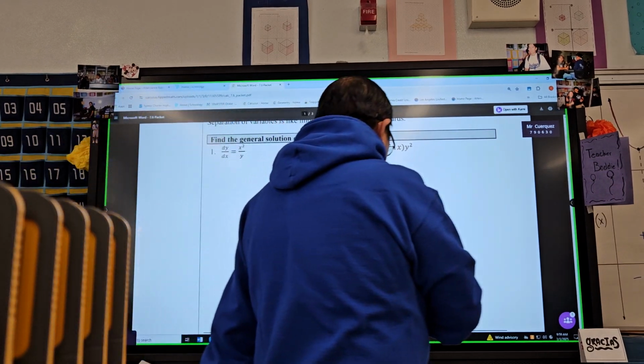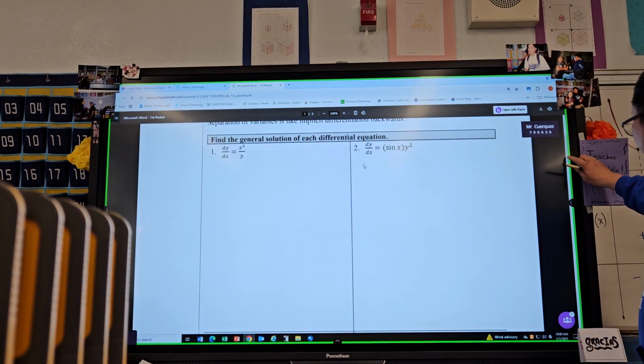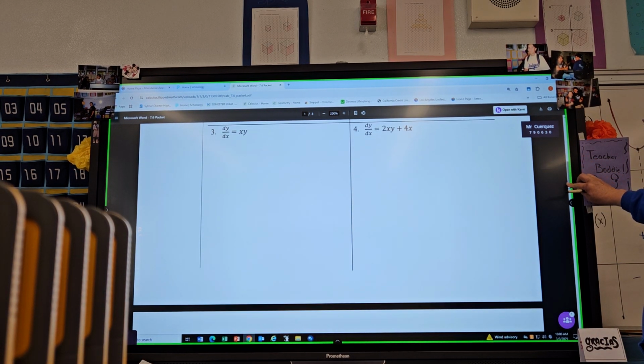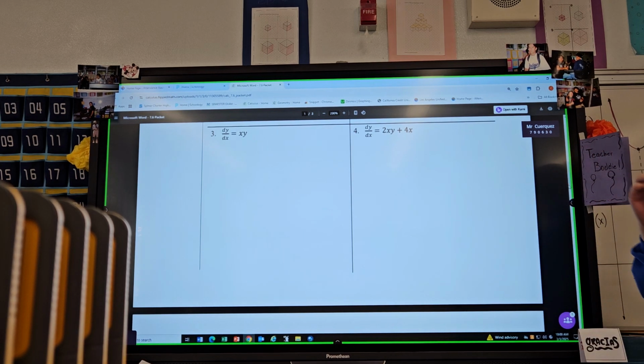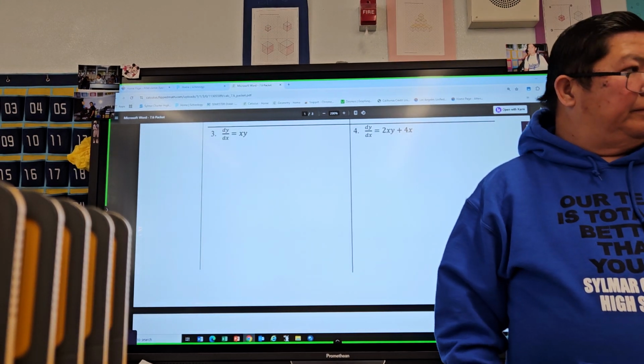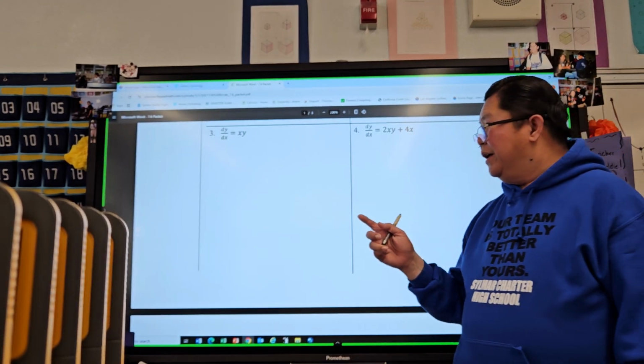So moving on to number 3. So can you separate now number 3? Again, x with dx, y with dy. How to do it? Could anyone tell me?